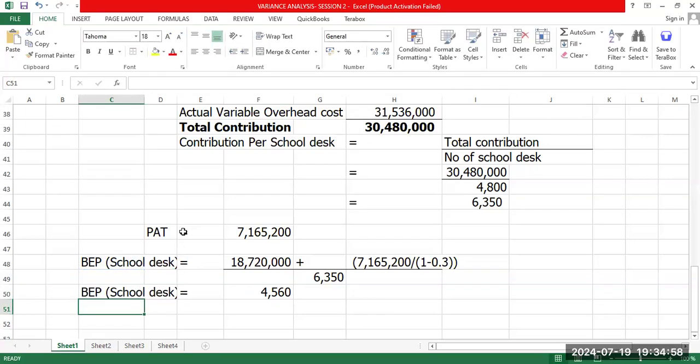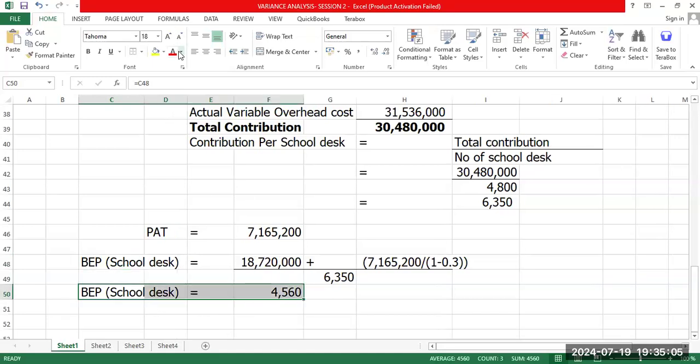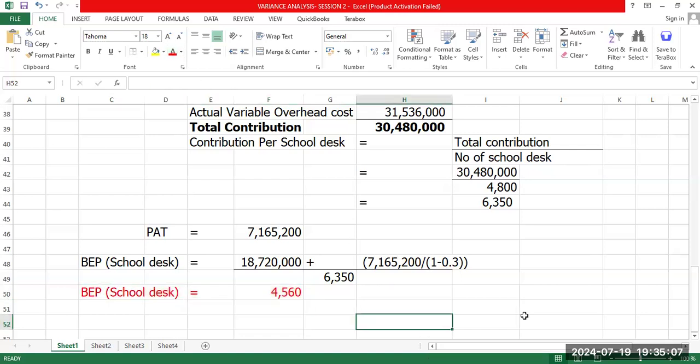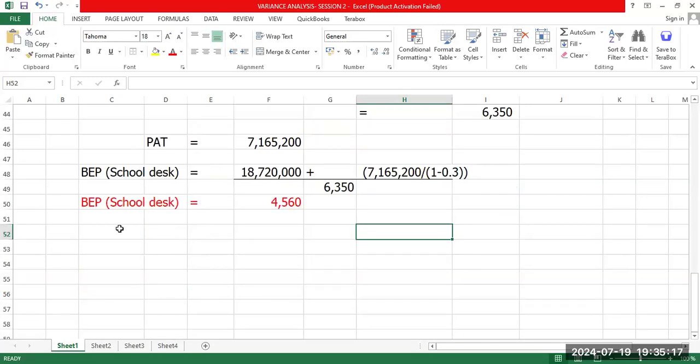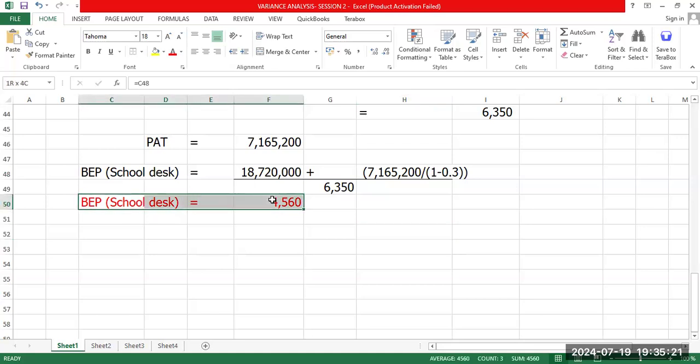Yeah. Others, is that the figure you have? Are you getting this? It is. All right. Now, once you reach here, this is your break-even point in terms of units.